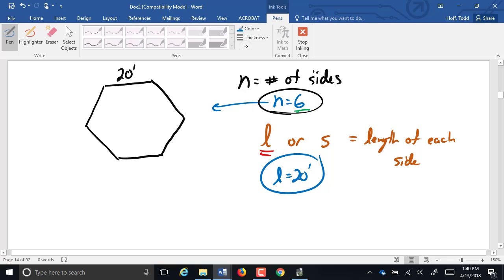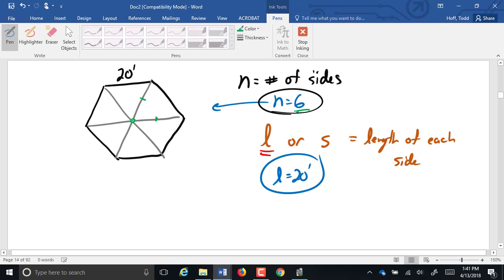In a regular polygon, you can always run these diagonals through it, connecting opposite corners, and you can create isosceles triangles.